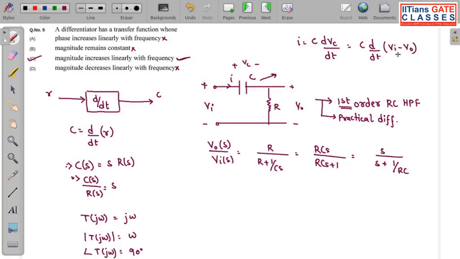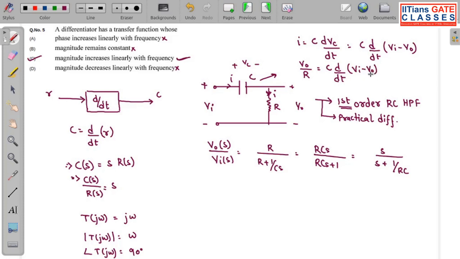And what is I? I is flowing from here also, this is also I. So I can write V naught by R is equal to C d by dt of Vi minus V naught.